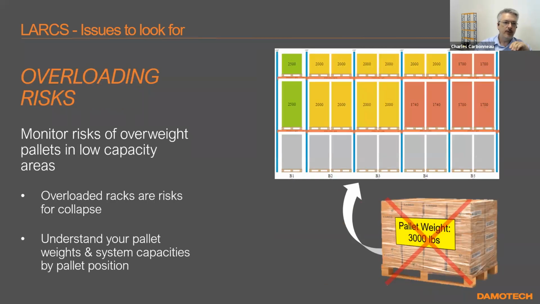Overloading risk. Of course, if you don't follow what you had in your LARCs, there's always a chance that you could overload a system. The image on the right is an output from our software and the engineering report that we do. So we provide you with this view in our web app. And so you can know, okay, well, I see. B1 is 2,500 pounds, B2 and B3 are 2,000 pounds per pallet.